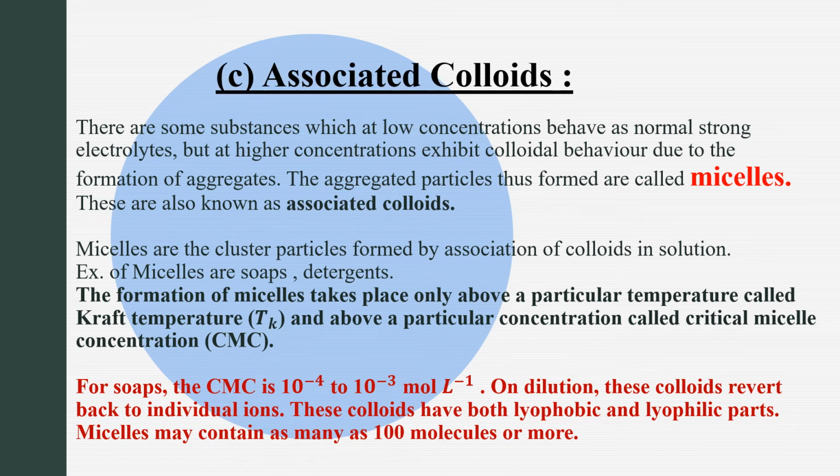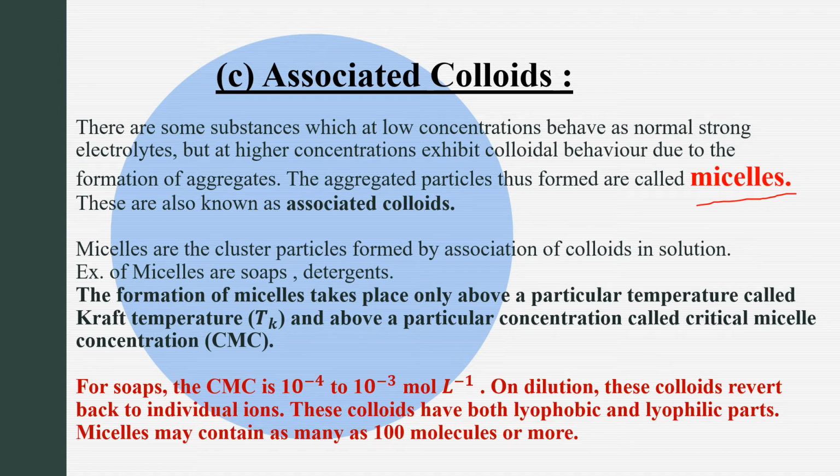Polymers such as polythene, nylon, polystyrene, etc. Now come to the third type of colloid, that is associated colloid. There are some substances which at low concentration behave as normal strong electrolytes but at higher concentration exhibit colloidal behavior. Due to the formation of aggregates, the aggregated particles are known as micelles, and that micelle is called associated colloid.